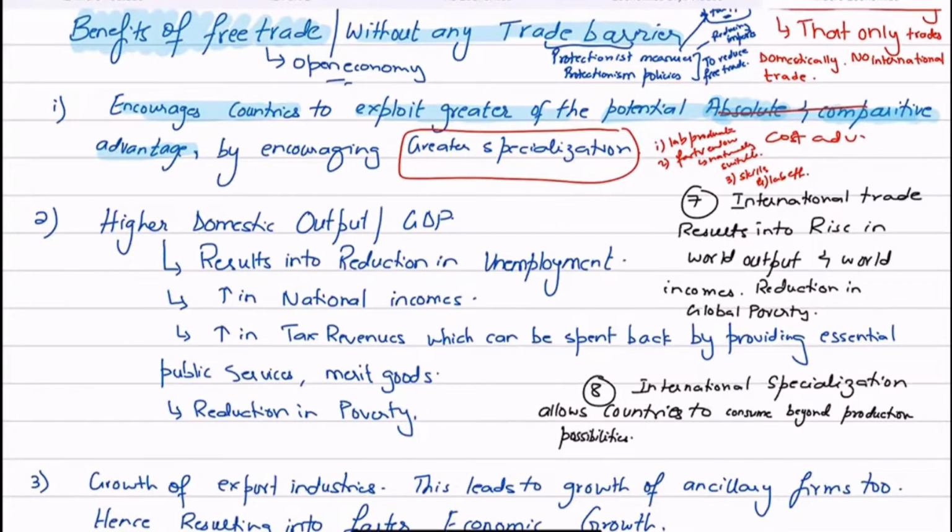A country with a potential cost advantage should exploit that, specialize in it, and then engage in international trade and export those goods as well. So that's a situation of allocative efficiency. You could also connect this point with the one I just mentioned: when countries have a potential cost advantage, it simply means that they should exploit that.